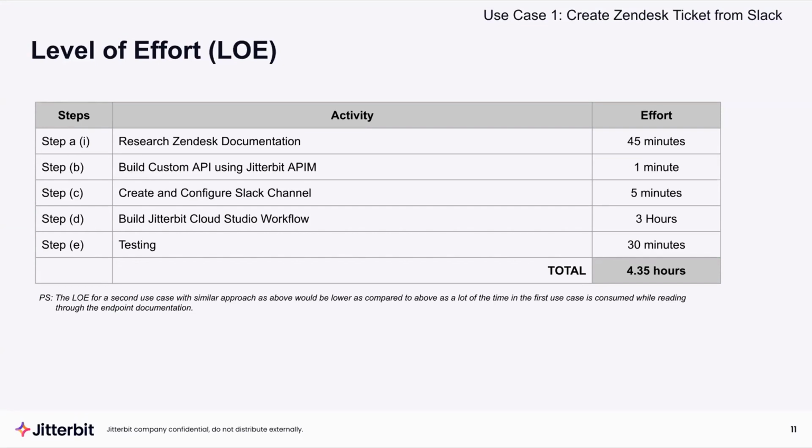The screen that I showed earlier just takes a couple of entries to configure that. And then the bulk of the work was actually in creating the Jitterbit Cloud Studio flows and testing those flows. So we're roughly a little over 4.5 hours in building out this integration from Slack into Zendesk using our Cloud Studio. So that's use case number one.